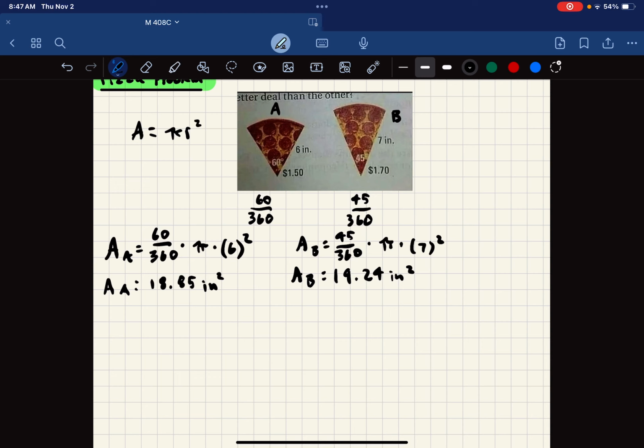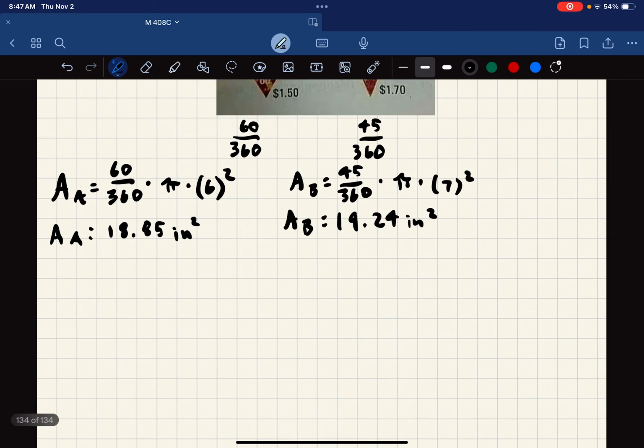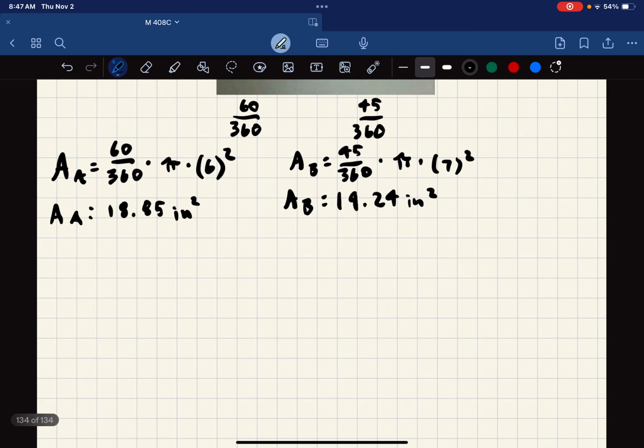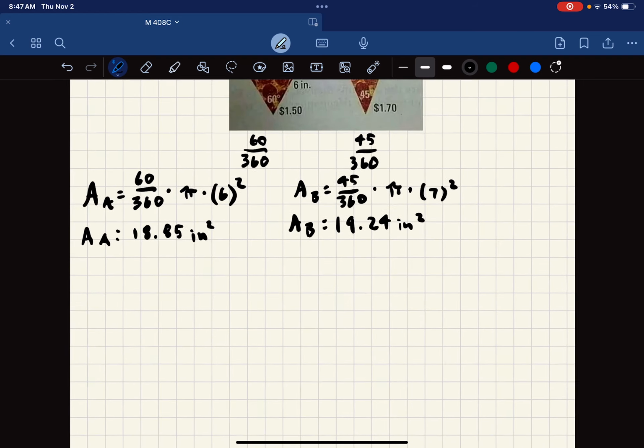Like I mentioned earlier, what we're looking for is the total area divided by the cost, or area per cost. So all we want to do is take this area and divide it by the cost of each pizza slice.